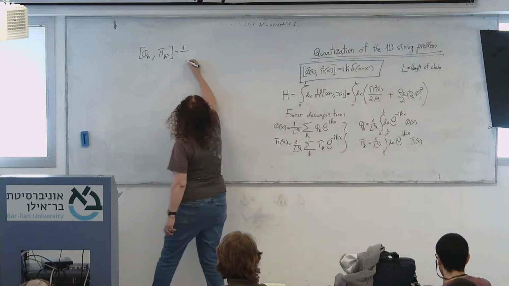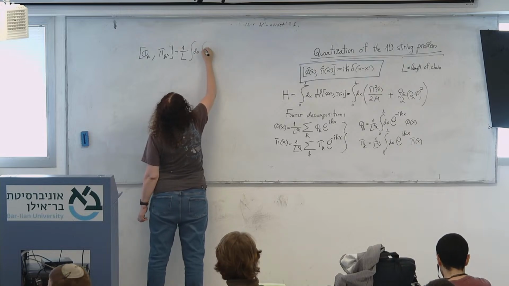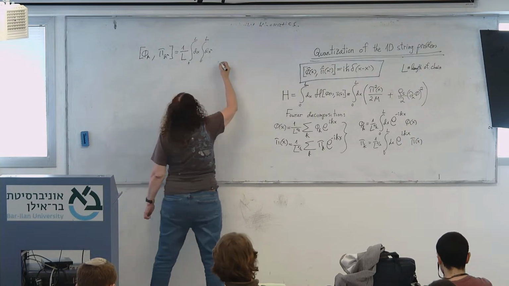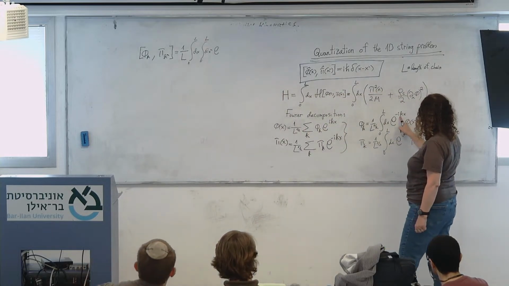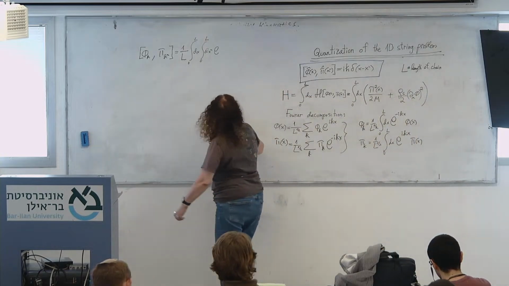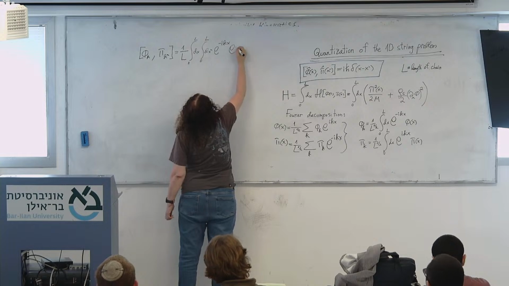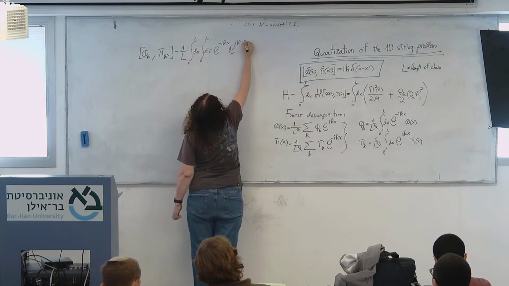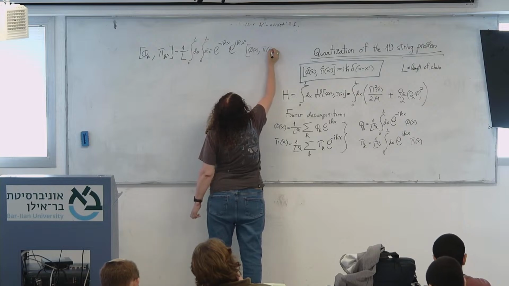So I just take these two expressions and plug them in. I get a factor of 1 over L, and then there is a double integral over x and x prime, both from 0 to L, of e to the, now let's do it carefully, there is an inconvenient minus sign, but never mind, minus i kx plus i k prime x prime, times the commutator of phi of x and pi of x prime.